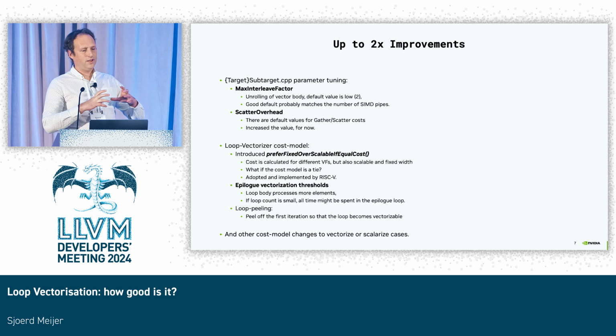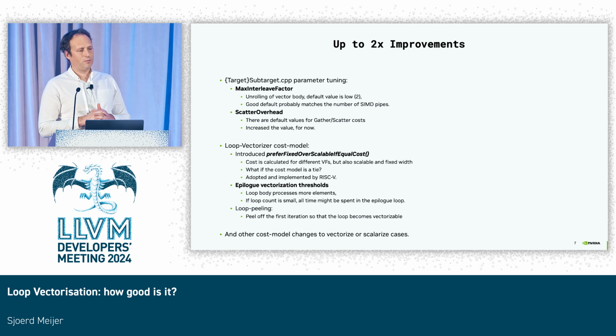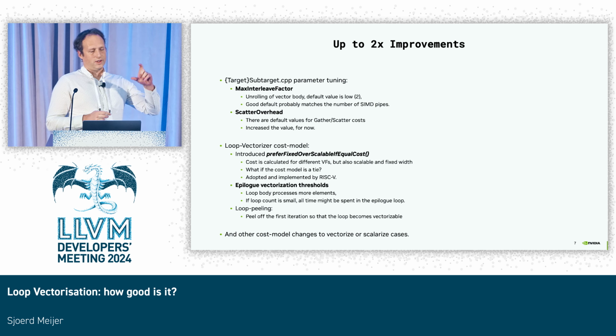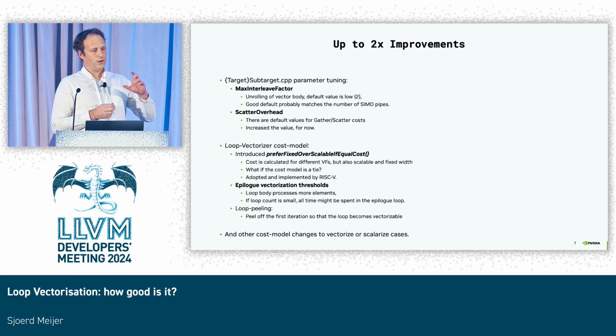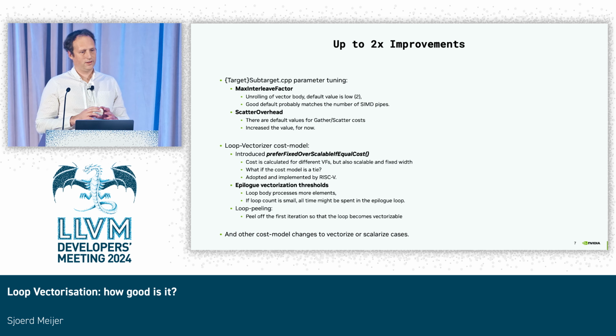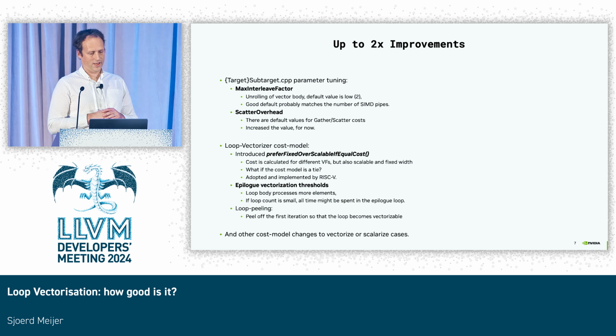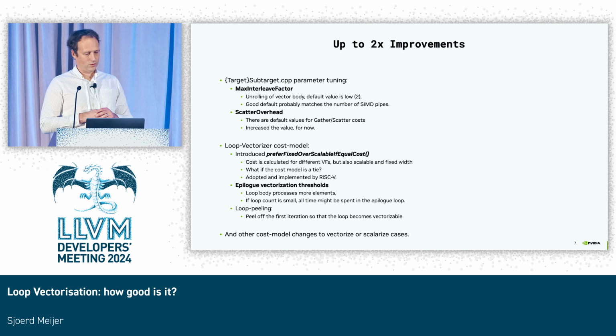If you interleave more, then the next thing that becomes really important is epilogue vectorization. Because if the iteration count of the loop is low, it could be the case that you will not enter the vector body anymore, but just the epilogue loop. And in that case, vectorization of the tail, the epilogue, is important.